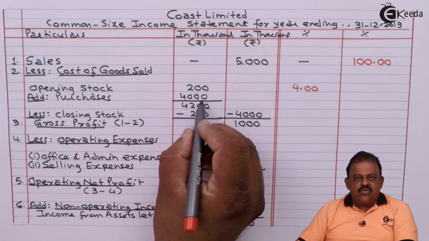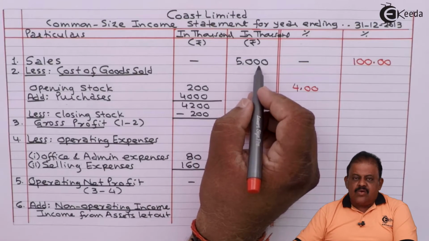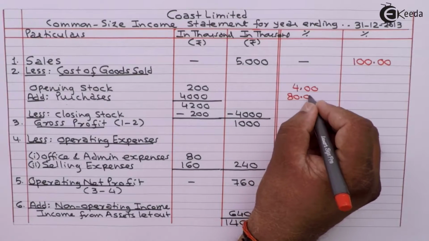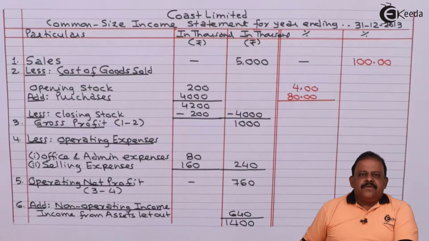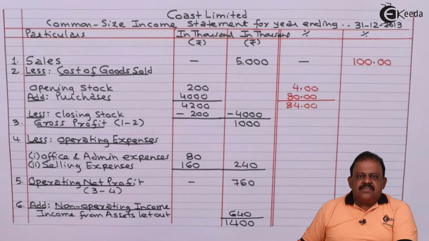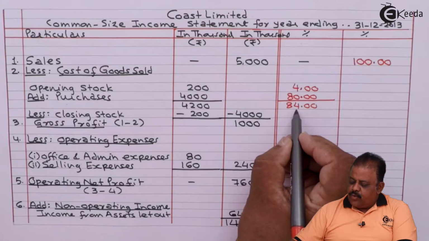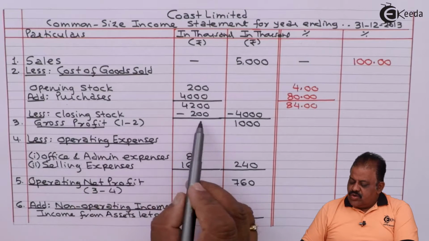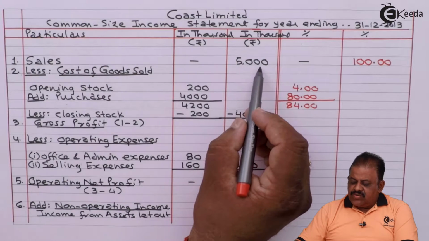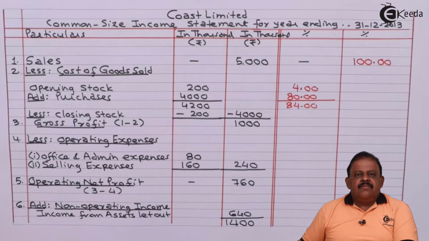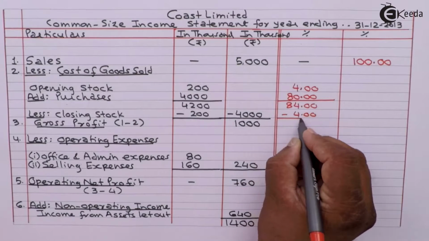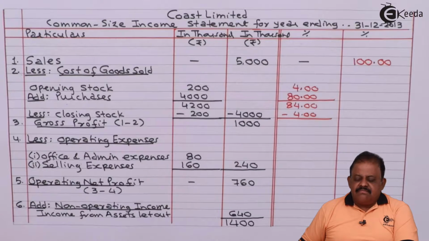Purchases 4,000 divided by 5,000 multiplied by 100, 80%. Opening stock plus purchases, it is 84%. Closing stock 200 divided by 5,000 multiplied by 100. It is 4%.